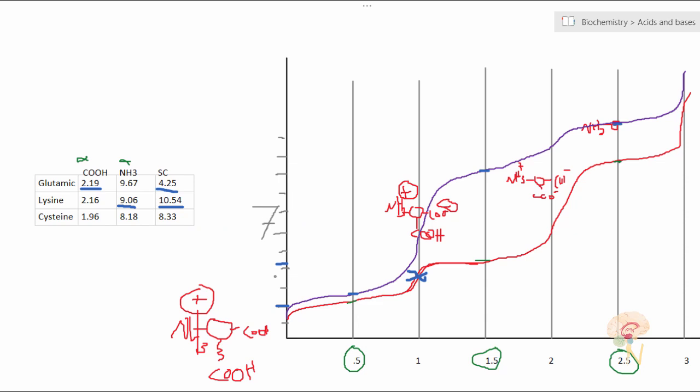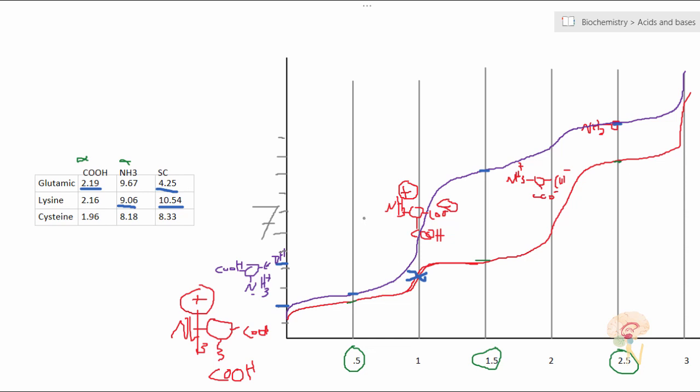So again, if we make the structure for it, it has NH3 plus, an amino group as its side chain, and COOH. COOH is the most protonated form at the beginning because we are in the acidic environment.